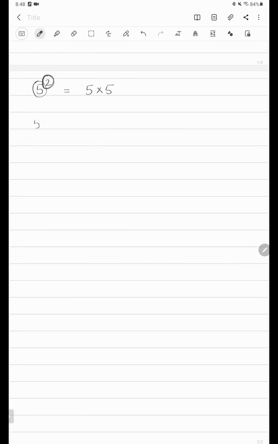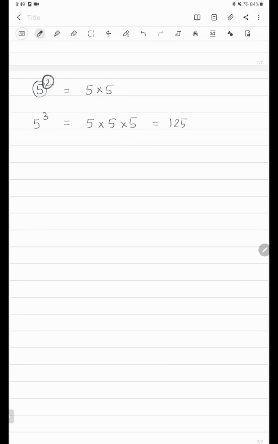If I have 5 to the power 3, then that will be 5 into 5 into 5, so that is 3 times, right? What is this going to be? 5 fives are 25, 25 into 5, 5 fives are 25, so this is 125. Do you understand what a cube means now?